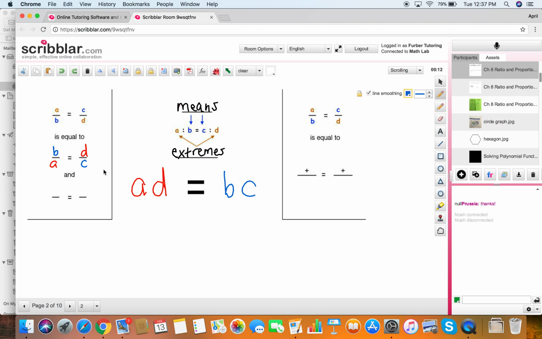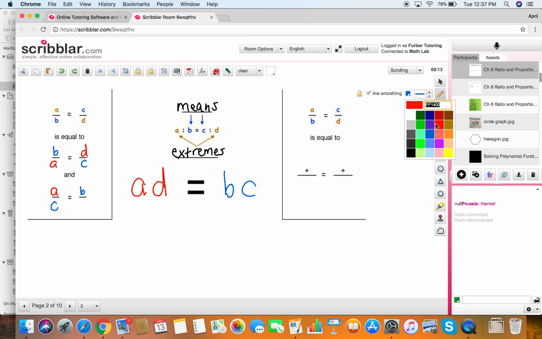And that would be a proportion that is equal to this one. Okay, once again, you're looking for the cross products to not change. You want them to be in the same location. And I could do this another way as well. I could do A over C. So notice I went across this time. Notice I went from A over here to C. That would be true as long as B is on the top because it needs to be across from the C because those are the means.